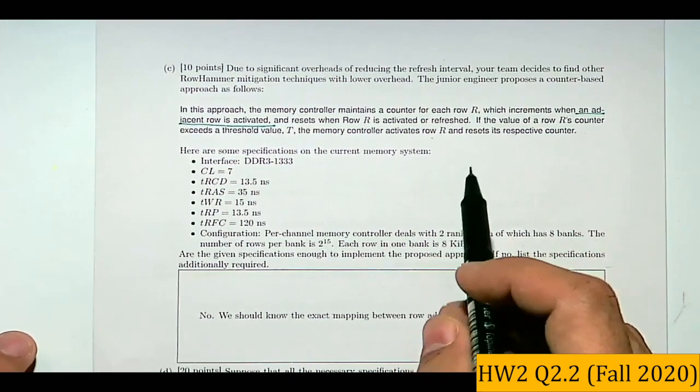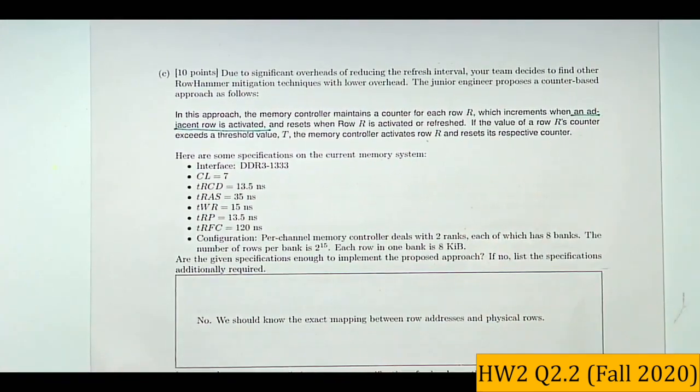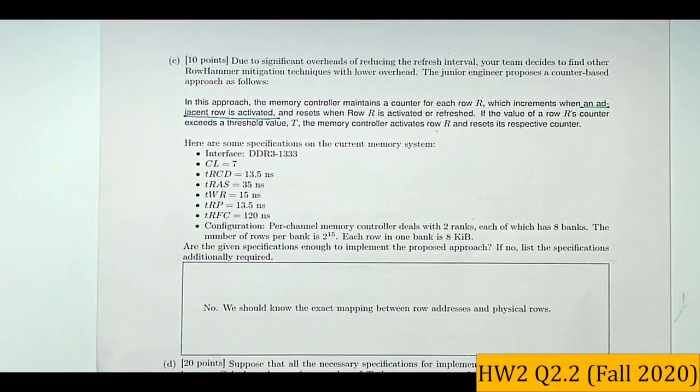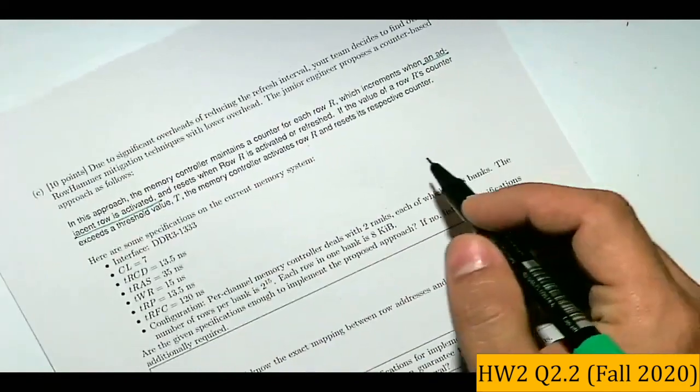Instead, they count the adjacent rows' activations, and if it exceeds the threshold value, it refreshes the potential victim row. There are many pros and cons for each approach.